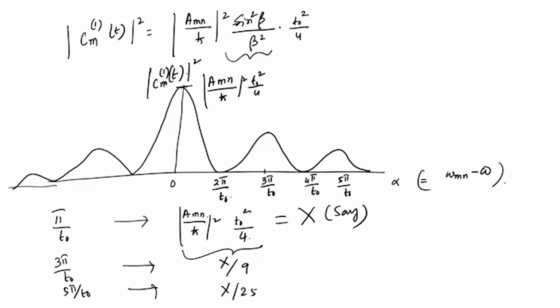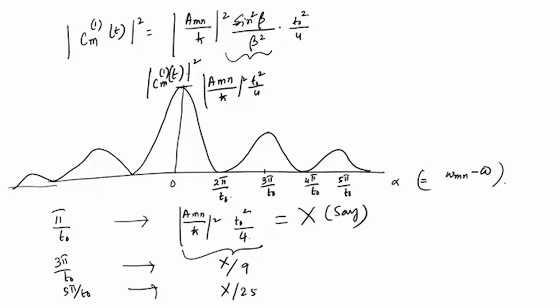Okay. So, physically it means that if your perturbation term has a frequency that matches exactly with the level spacing, the energy difference between the two levels, then there is a large emission probability for alpha equal to 0, which corresponds to omega mn equal to omega.